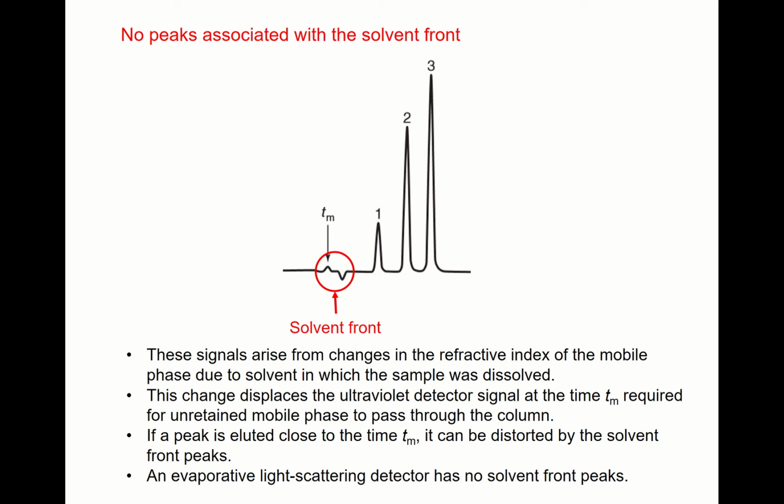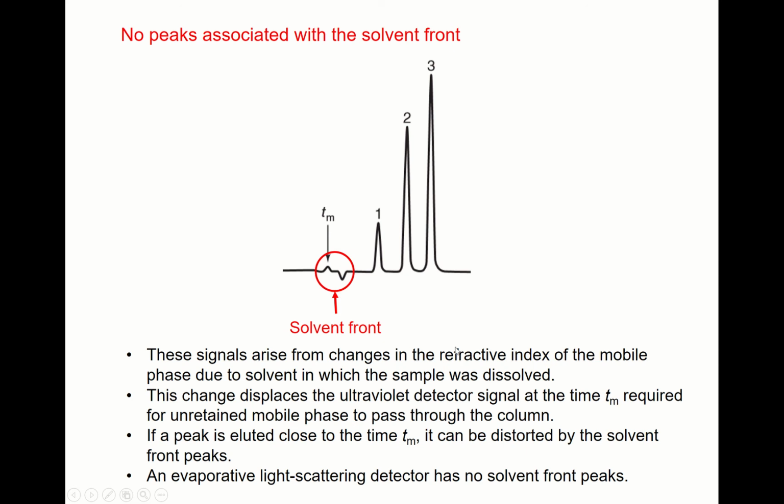So some peak is going up and this one is going down, due to the refractive index change. Your mobile phase has a certain refractive index, and your solvent also has a refractive index, but they are not the same. So that is reflected in the solvent front.